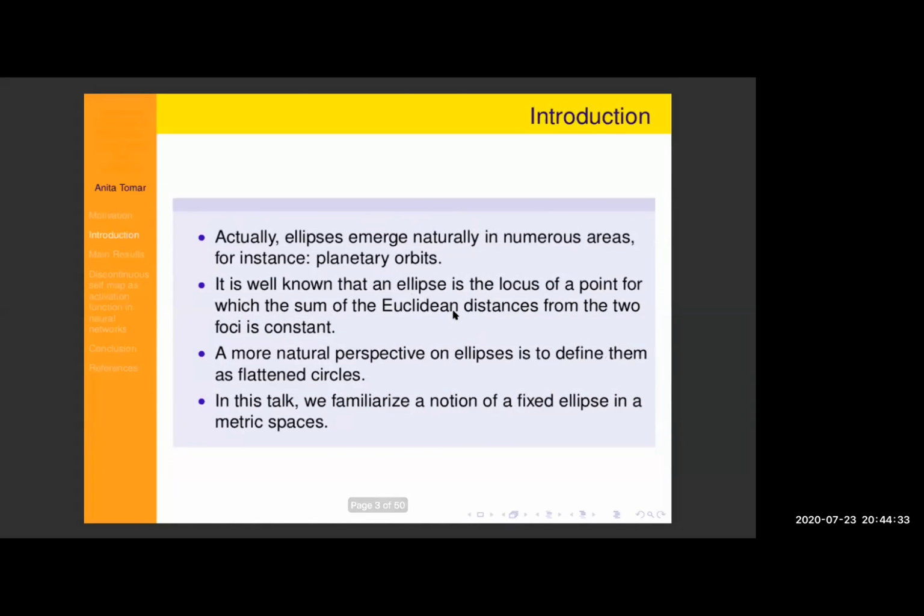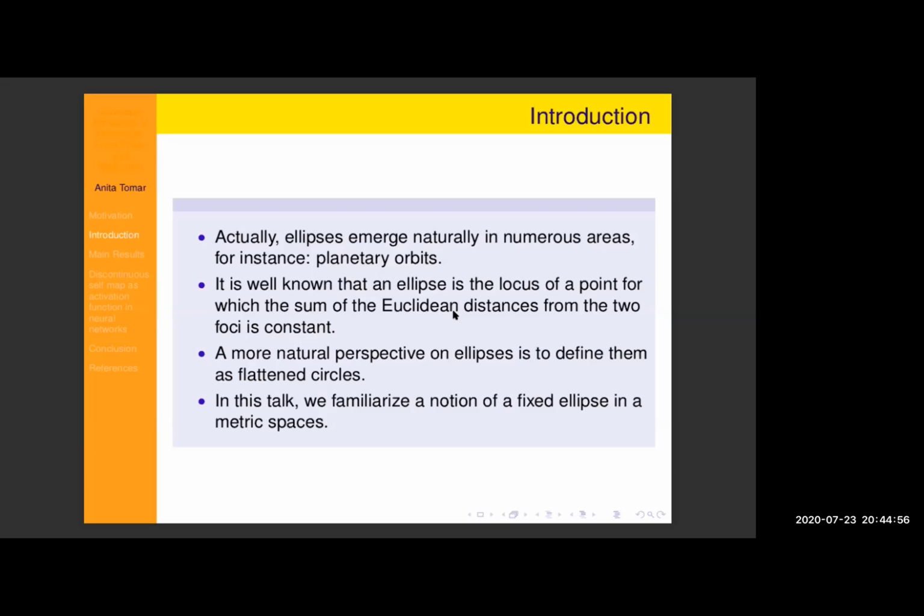Actually, ellipses emerge naturally in numerous areas, for example, planetary orbits. And we know that an ellipse is the locus of a point for which the sum of Euclidean distances from the two foci is constant. We may also look at ellipses as flattened circles.